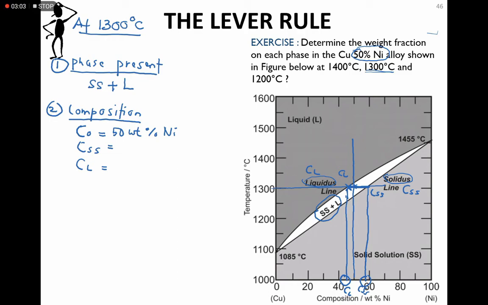So, the answer for the CSS is 57% of nickel and CL is 44% of nickel. Weight fraction.